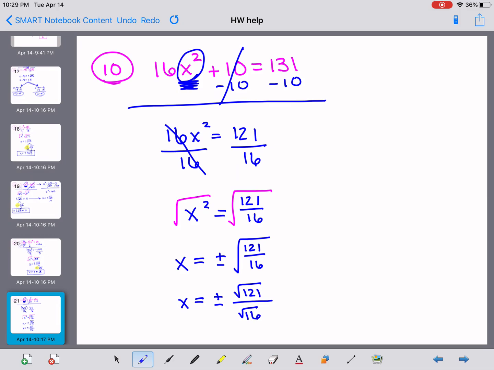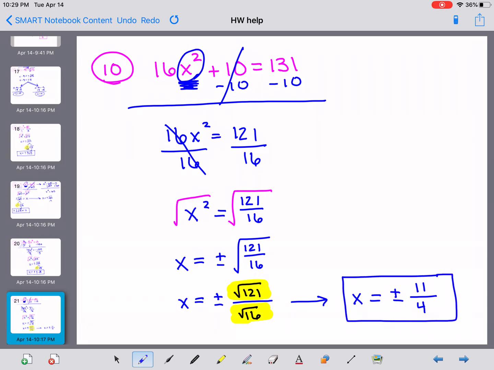And what happens is, you get x equals plus or minus. On the top, the square root of 121, that's a perfect square. The square root of 121 is 11. And then on the bottom, the square root of 16 is 4. 11 over 4, you would simplify that if you could, right? You can't, so this is your final answer.